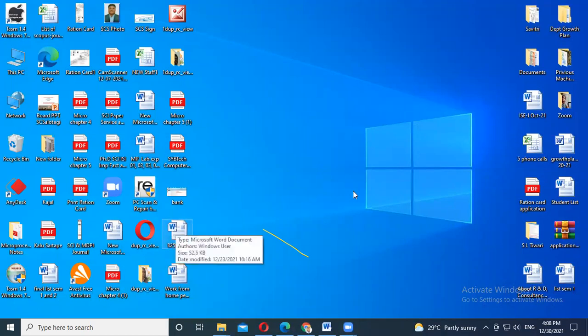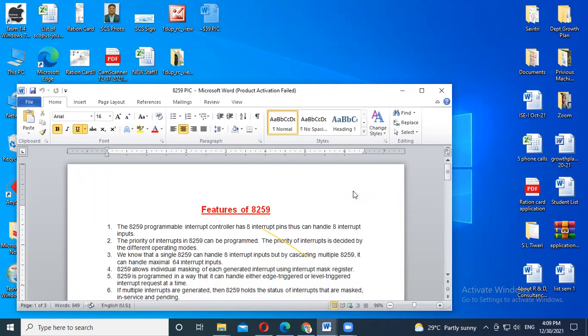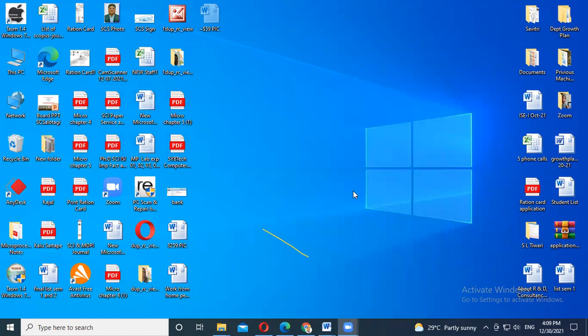The second question, briefly explain the architecture of 8086.